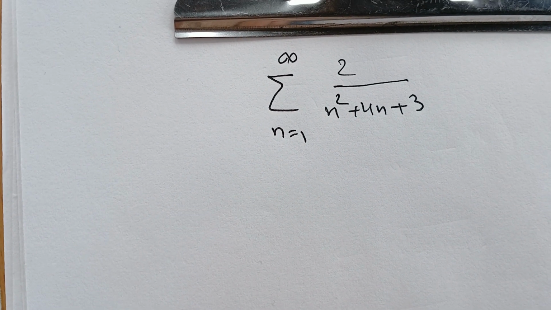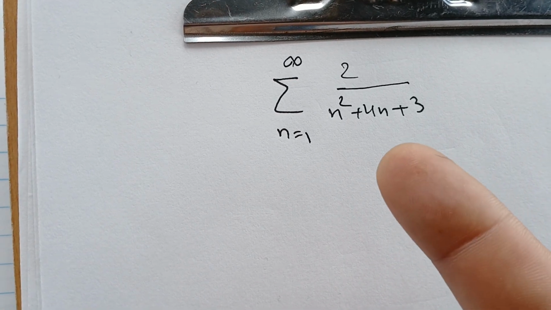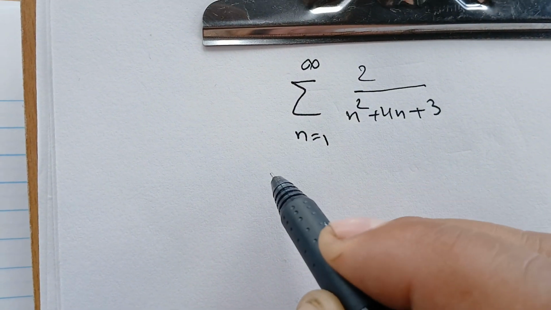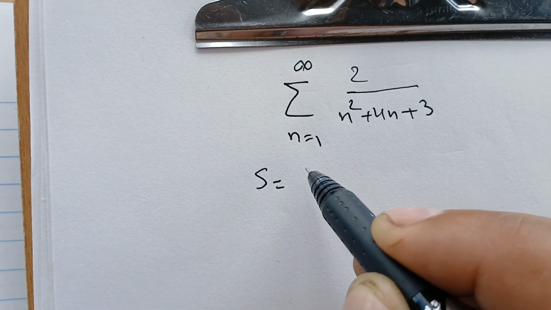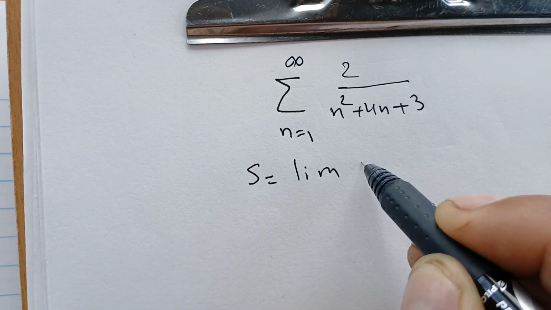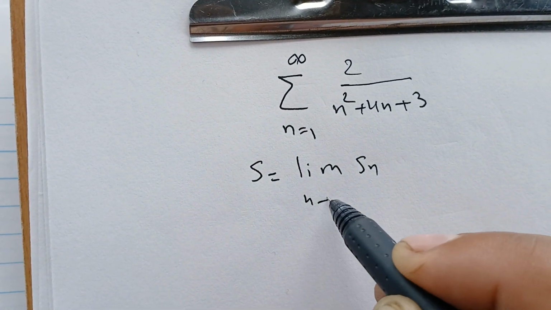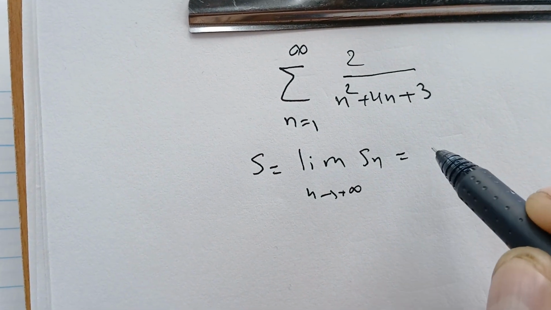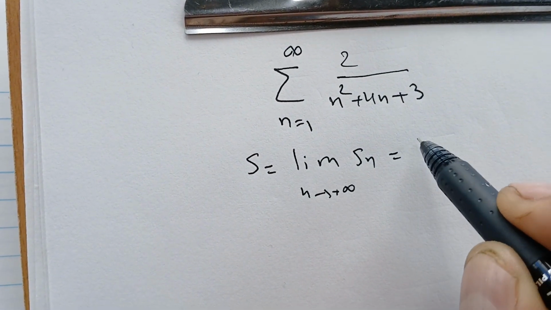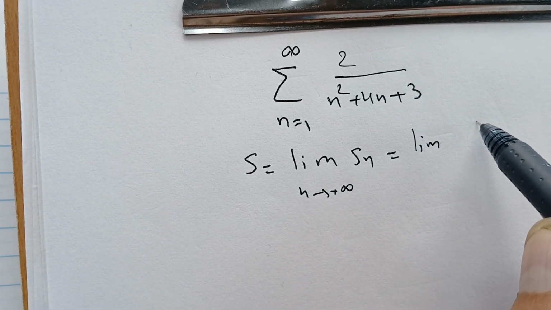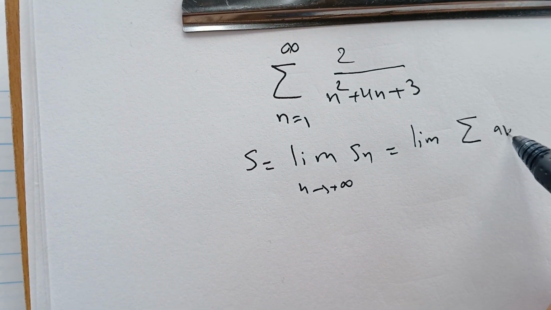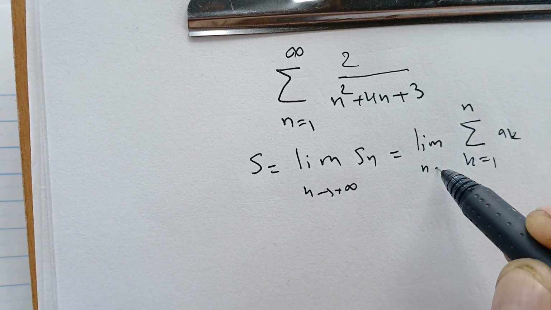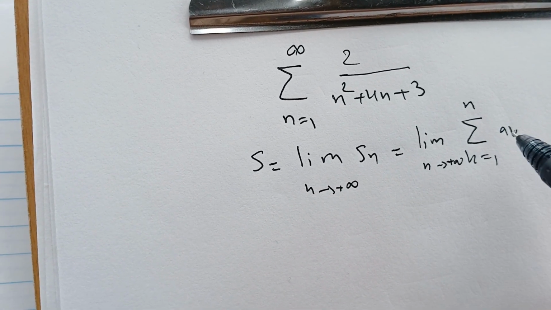We assume that this series is convergent, and therefore we have its sum denoted by S. Therefore, this limit, according to the definition of the sum of the series, exists, with S_n defined as the nth partial sum, going from 1 to n, and n is going to infinity.